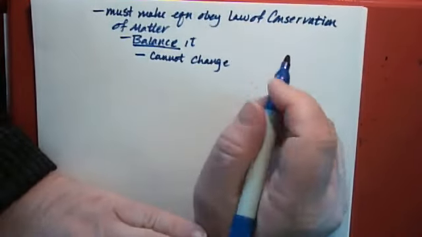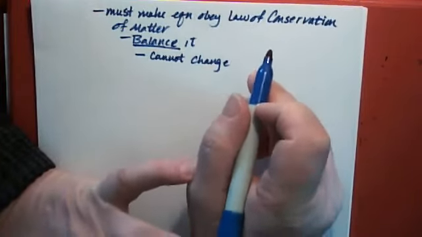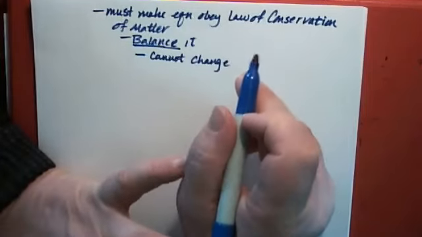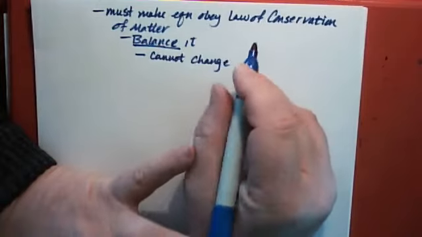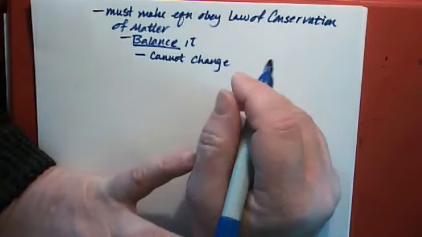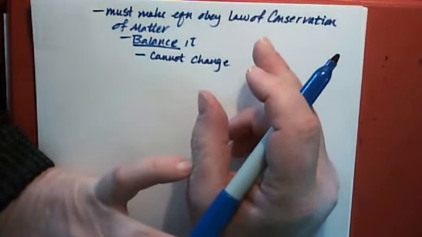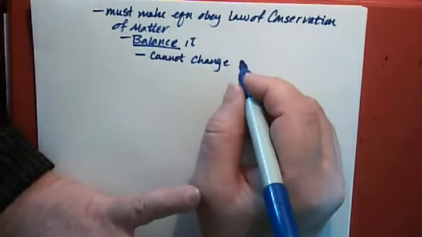But once you've decided what the reactants and products are, and you've written down the correct chemical formulas for those reactants and products, you cannot change those formulas. Because if you change the formula, you change the identity of the compound. And that means that if you need more or fewer atoms of a certain element, you cannot get there by changing the subscripts within the formulas.